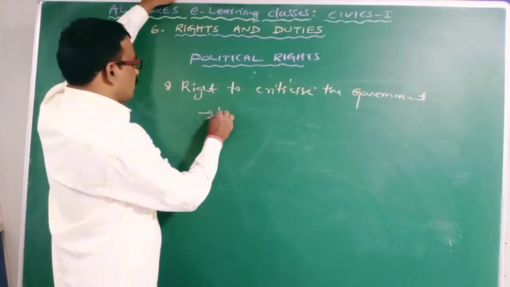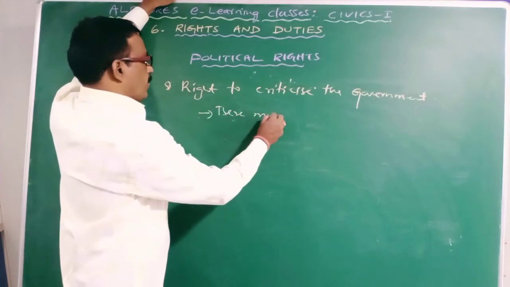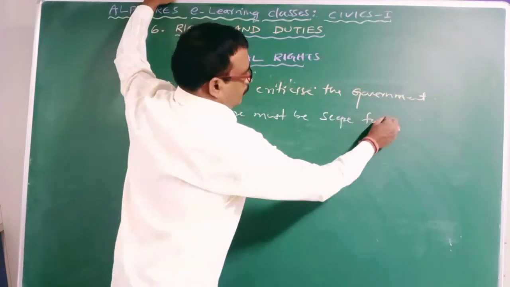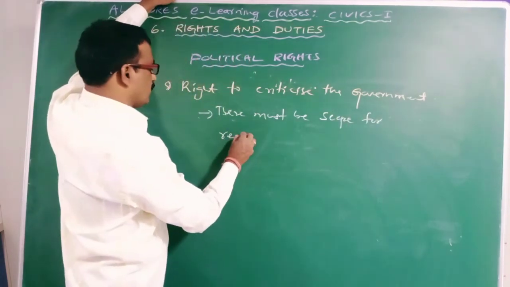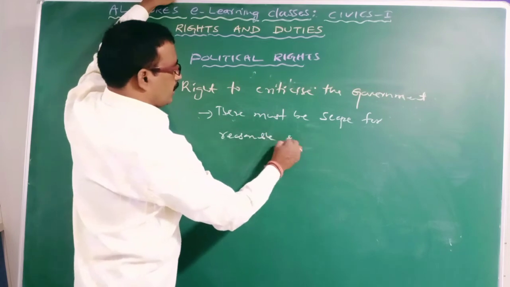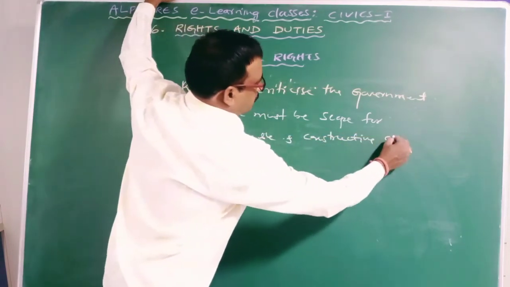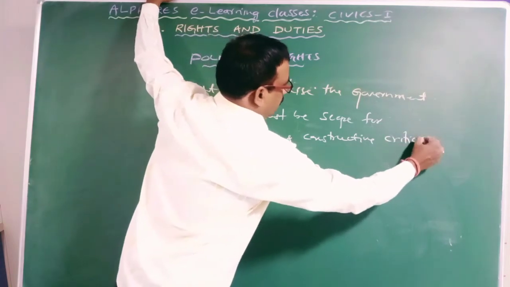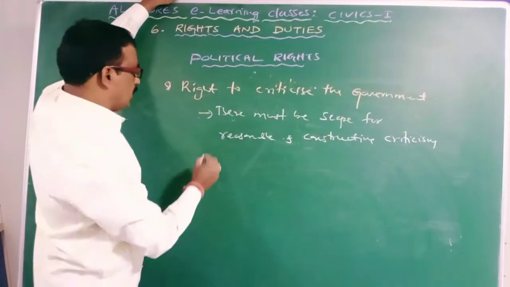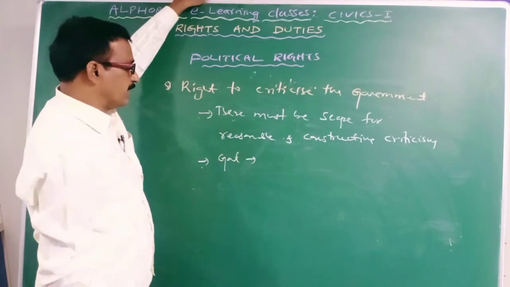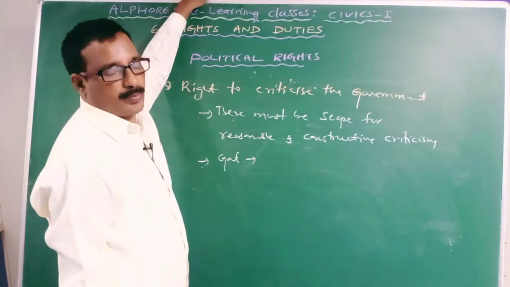There must be scope for, yes, what type of criticism? Reasonable and constructive criticism by the people, as only then can the government perform its duties in a proper way.